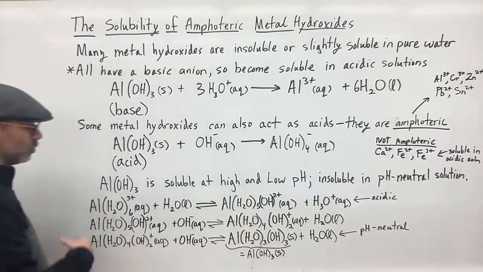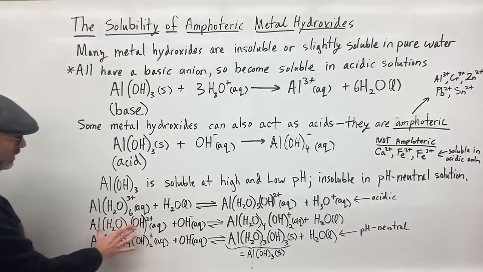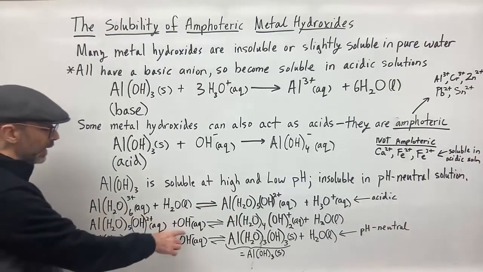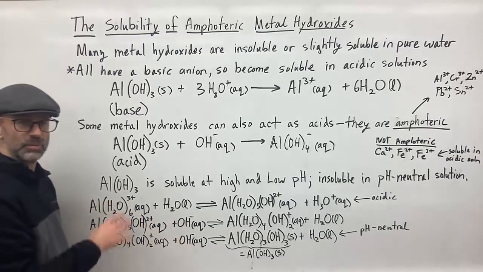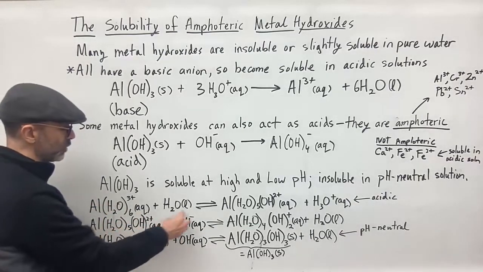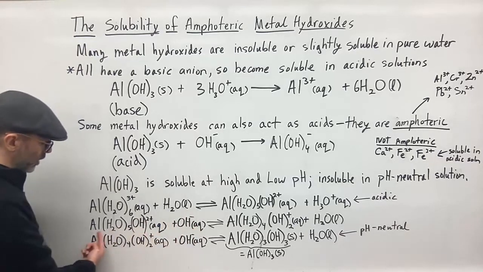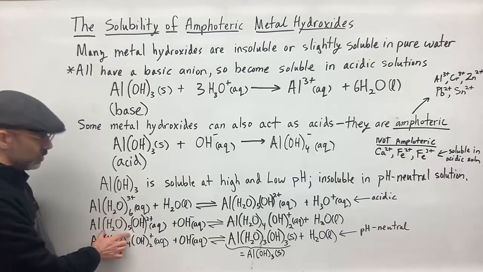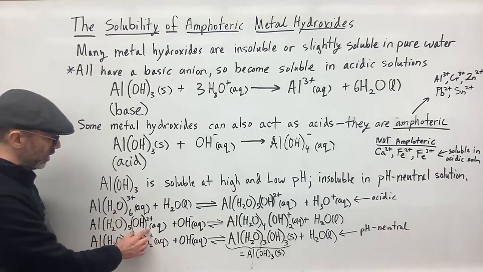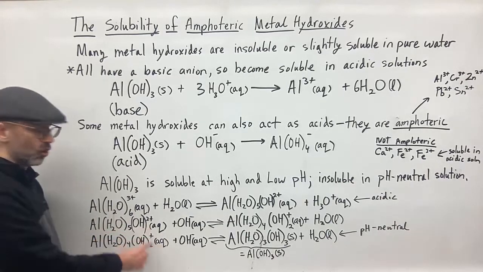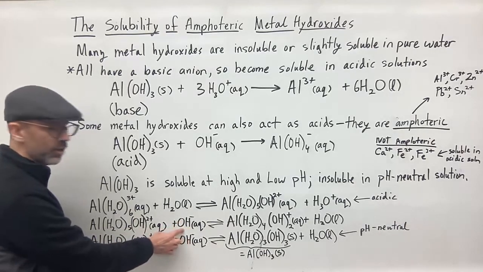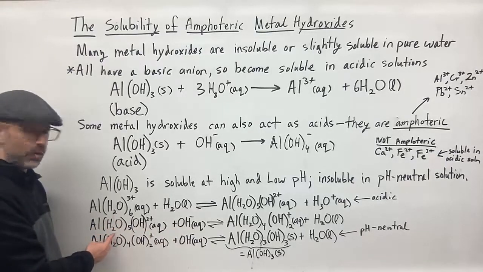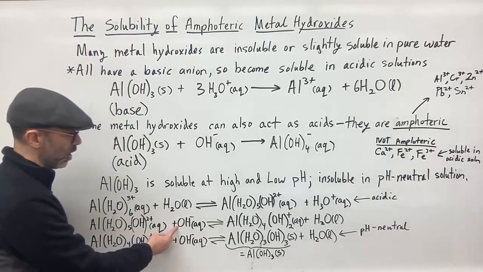And so what can happen is now, if we start to add base to it, and we're increasing the pH by adding base, now the hydroxide ion can react with the aluminum. So here I have my aluminum with five water molecules and the hydroxide. So the OH minus here can take another proton from another water molecule, right? And then that'll form water.